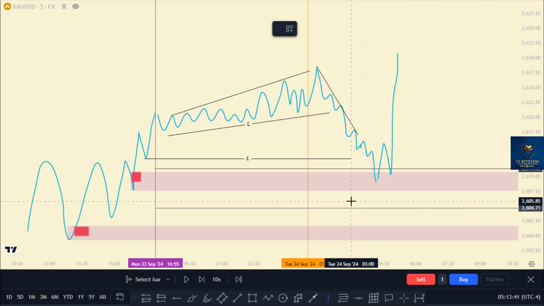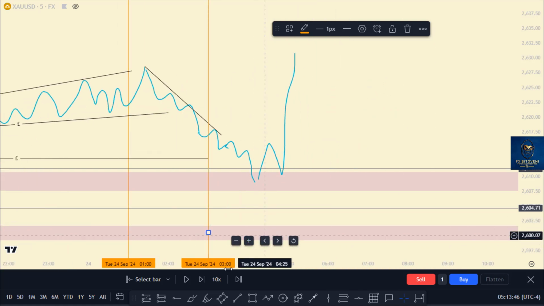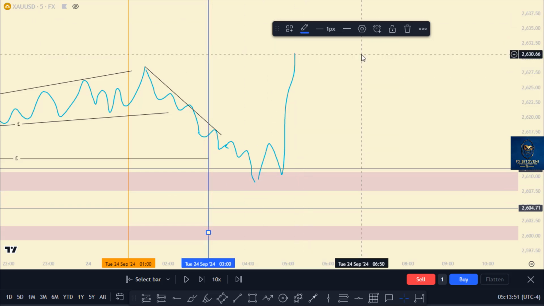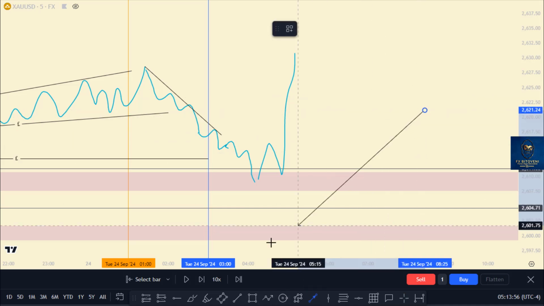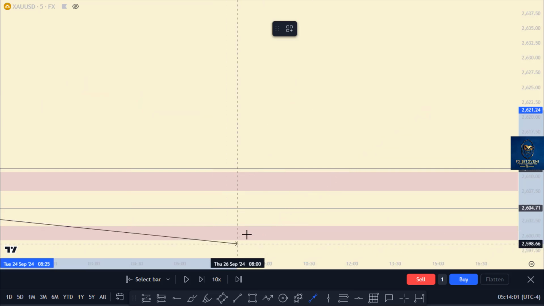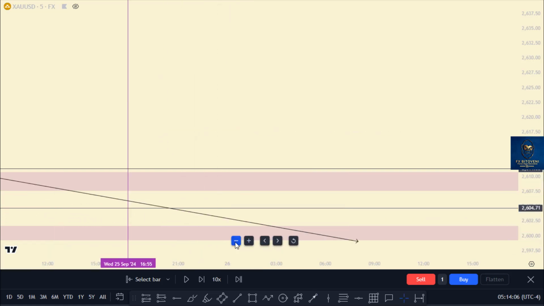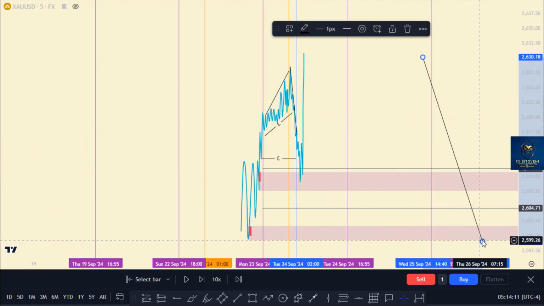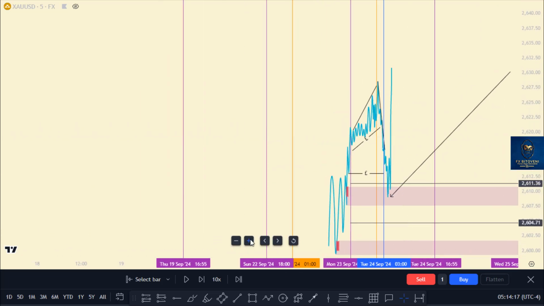For example, London kill zone starts here at 3 a.m., as you can see. 3 a.m. London kill zone, as you can see on this vertical line. Here you have the London kill zone.